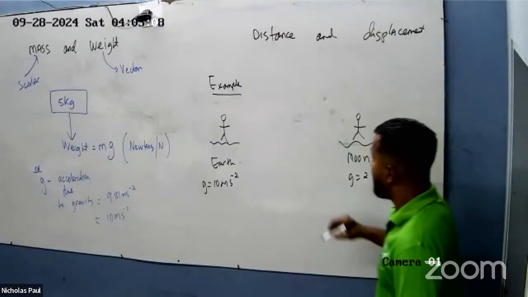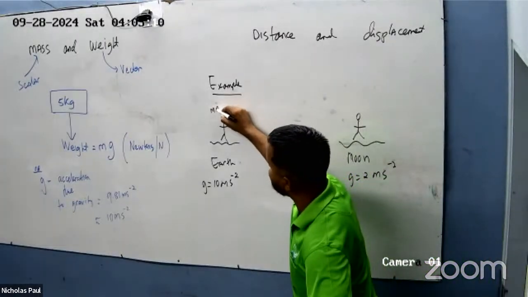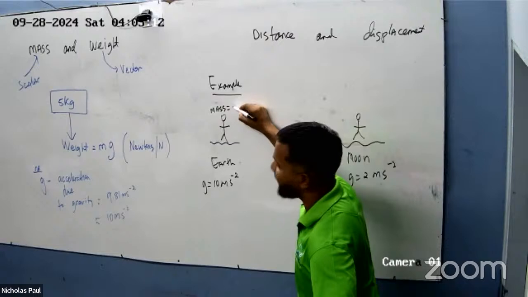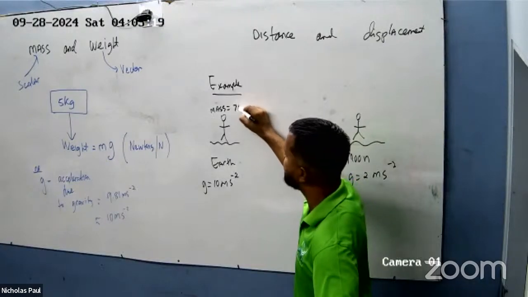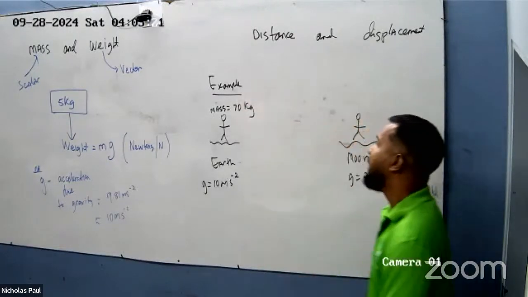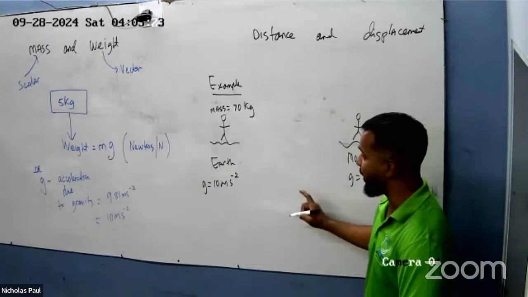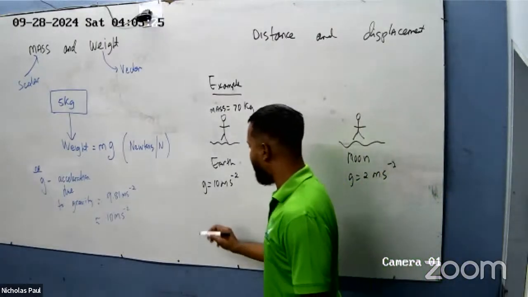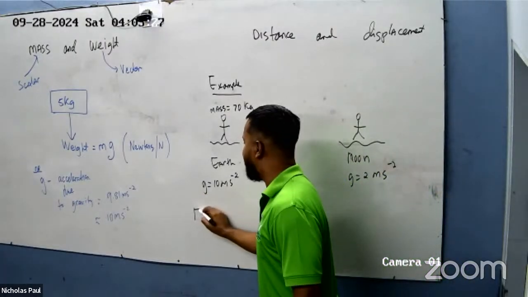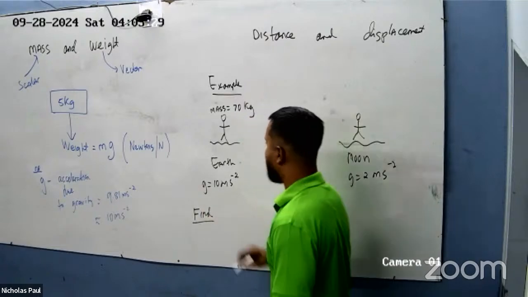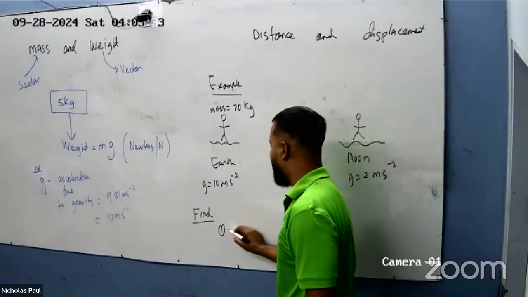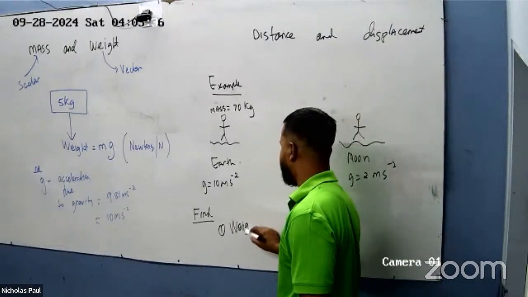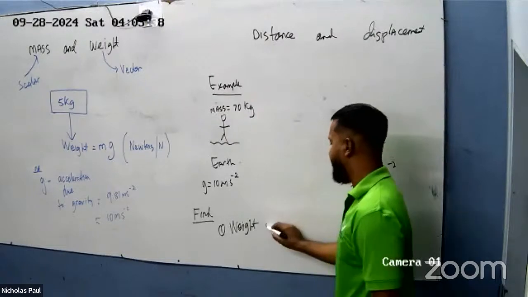Nathan has a mass of about 70 kilograms on Earth. I would like you to, number one, find his weight on Earth.